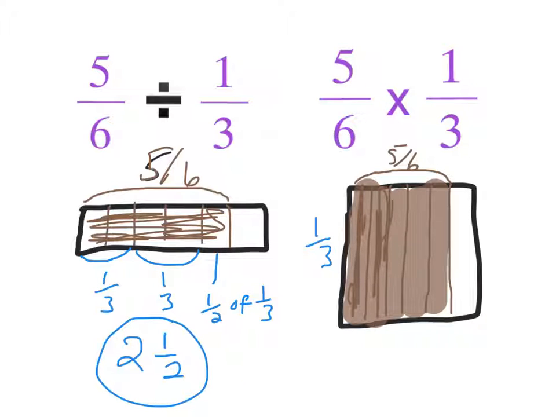So thirds is maybe about here is 1. I have 2 lines to break into thirds. So now I have 1/3, 2/3, 3/3, right? And I'm trying to see how many thirds there are when I multiply. So I multiply 5/6 times 1/3.